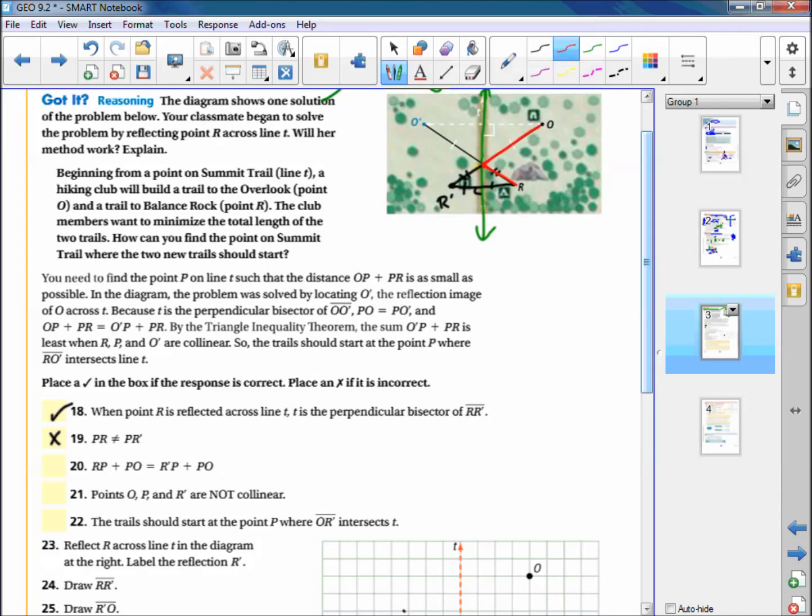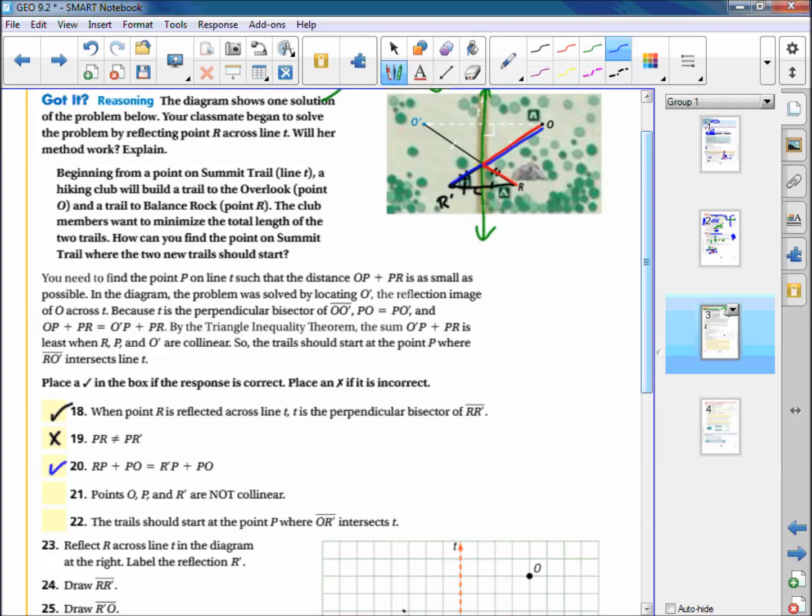So those two added together should be equal to R prime P, which is here, and PO, which is also here. And that's going to be true. Okay, 2 of the segments are right on top of each other, so they're the same length, and we already showed that R prime P and RP are the same length. So this is going to get a check.